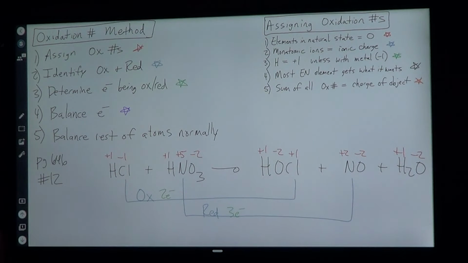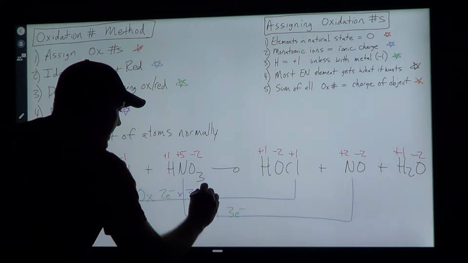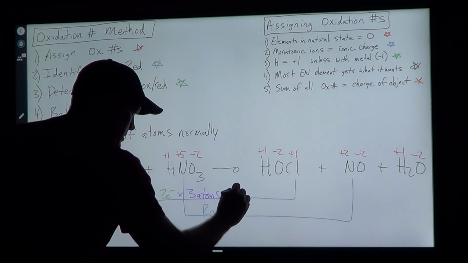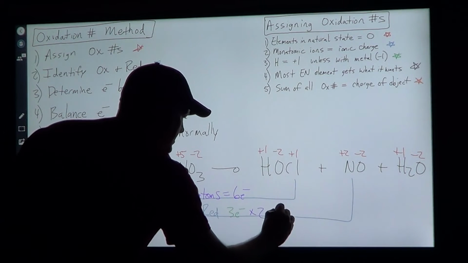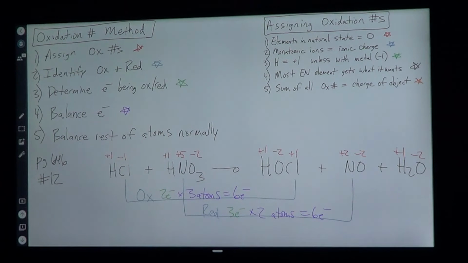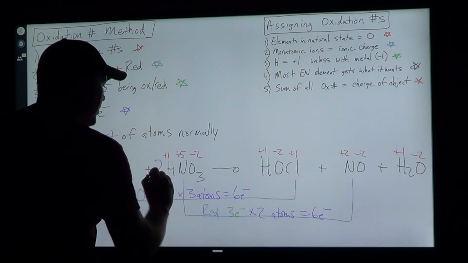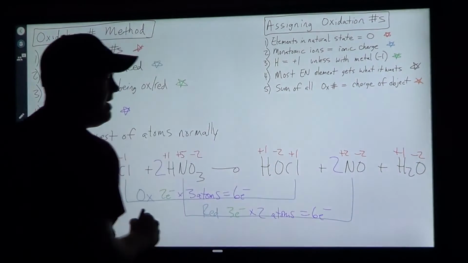The common denominator is 6, which means we need 3 atoms to get to 6 electrons, and we need 2 atoms of this to get to 6 electrons. So what that means is you have to put a 2 here to get 2 atoms of nitrogen, and a 2 there to get 2 atoms of nitrogen.